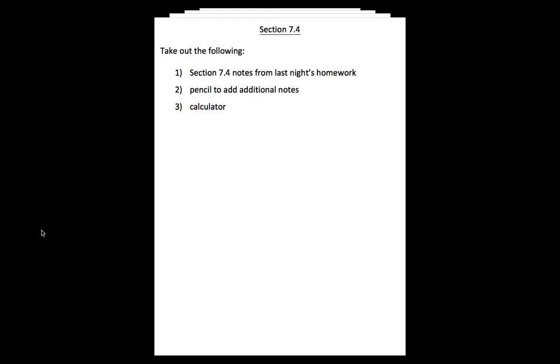So you may want an additional sheet of paper in addition to what you started with those self-checks last night. You'll also need a pencil and a calculator. So at this time, you should pause the video and take out the necessary materials, and then resume the video once you've got the materials in front of you.